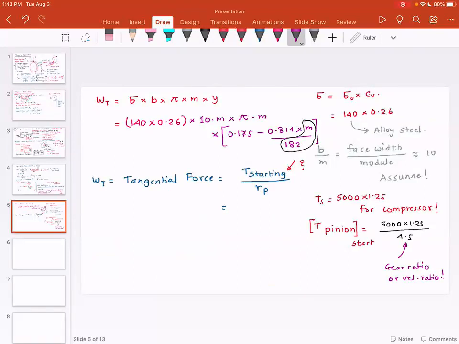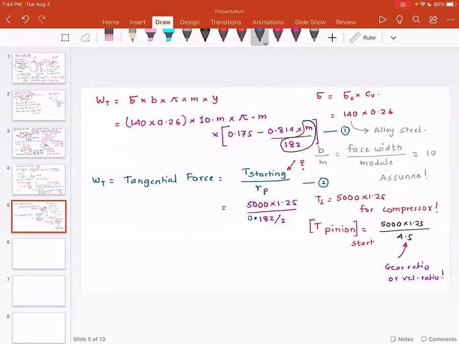So we are going to substitute 5,000 times 1.25 divided by 182 divided by 2. Please note, 5,000 is in Newton meter, so this has to be in meters. That's why 0.182. And you have to equate equation 1 and equation 2.